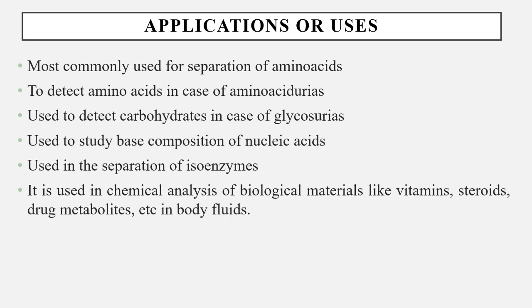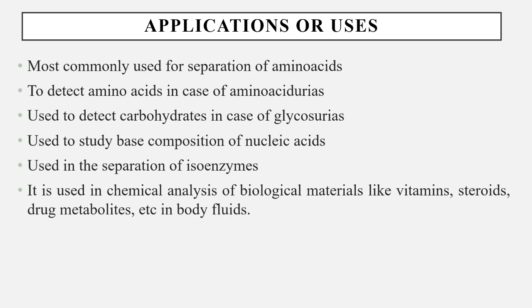In general, the applications are as follows. It is most commonly used for separation of amino acids, to detect amino acidurias, as in protein metabolism abnormalities, where amino acids are excreted in the urine.